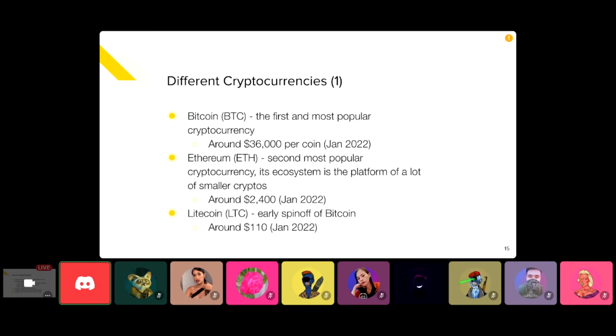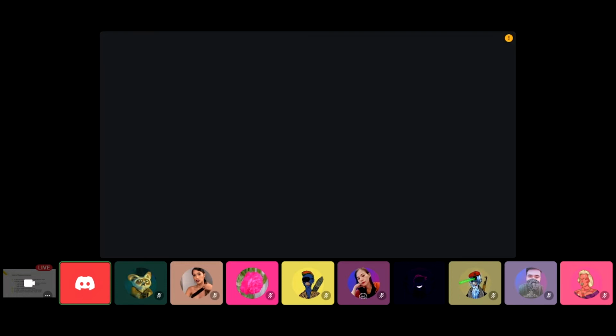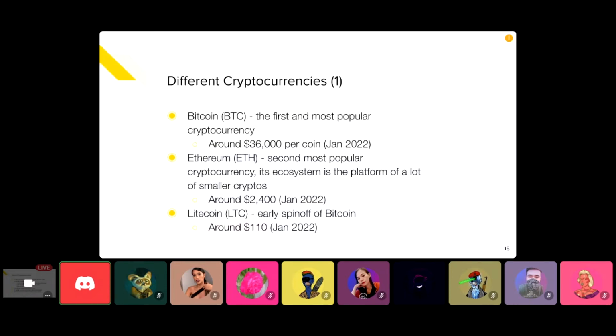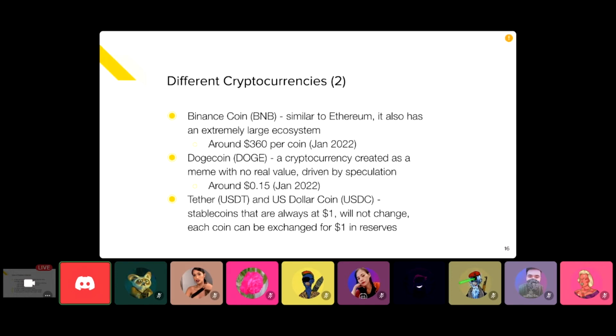We also have Litecoin, which is an early spin-off of Bitcoin. Then there's Binance Coin, which is similar to Ethereum, and it has a large ecosystem. And as mentioned before, there's Dogecoin, which is basically a meme coin, and there's no real value in it, and it's driven by speculation.